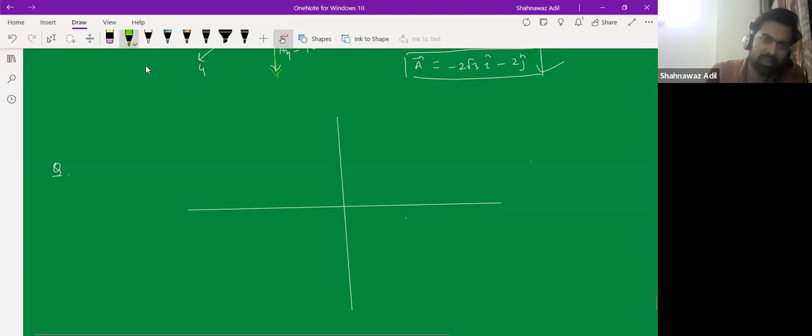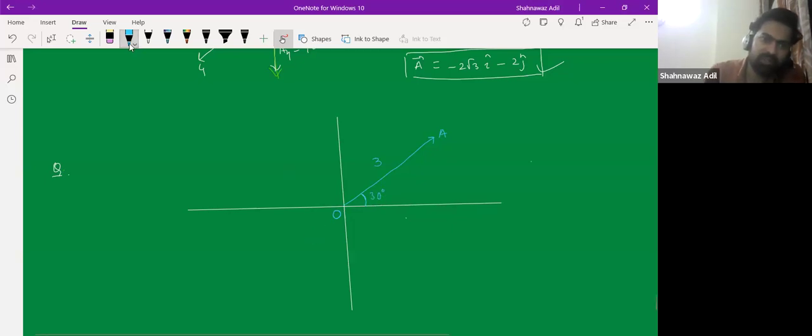This vector is OA, where this point is O and this is A. Its magnitude is 3, and it is making an angle of 30 degrees.